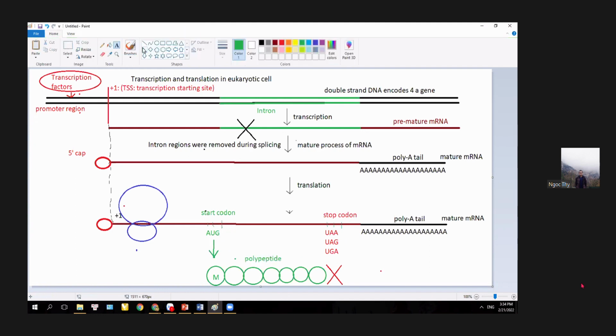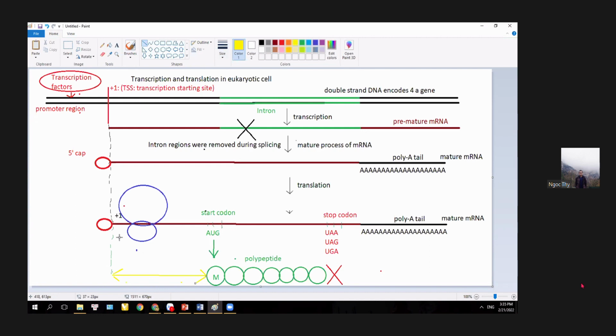But here, we have the regions from the position +1 to this point.